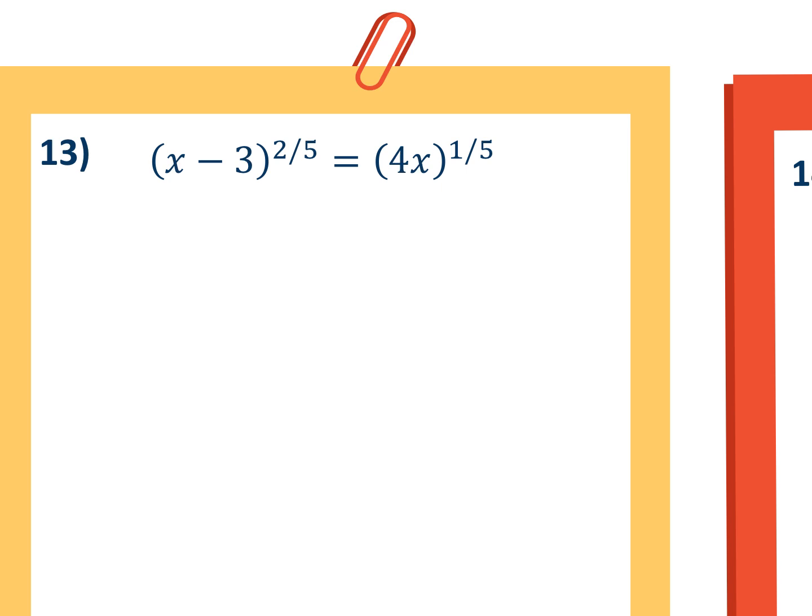When I see 5 as my denominator, what root am I thinking? 5th root, okay. So the easiest way to solve this is to raise each side to the denominator power, the index, okay? So I'm going to raise this side to 5/1, and what you do to one side, you do where? To the other.